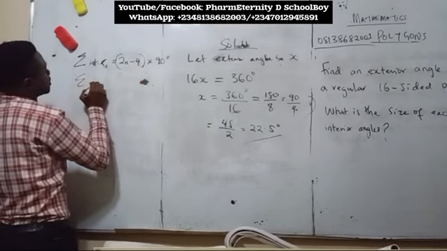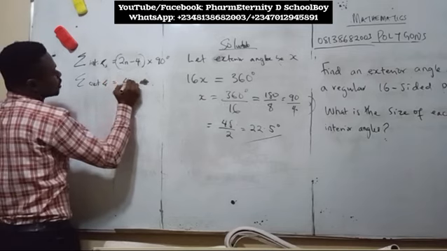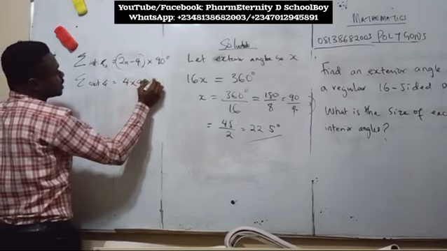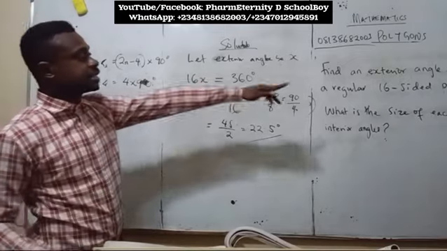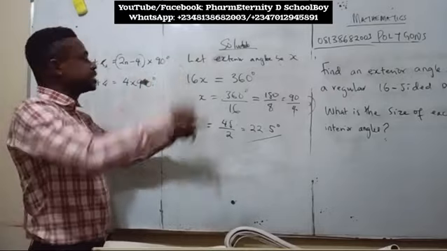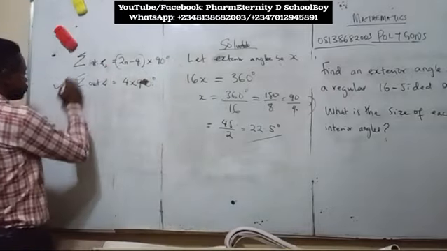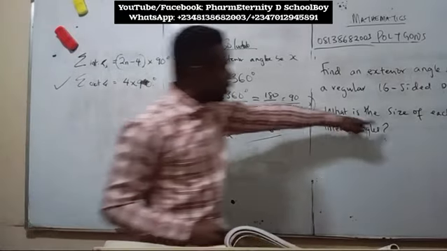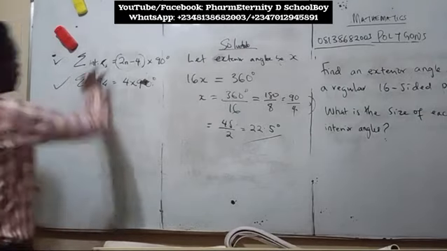The sum of exterior angles is 4 times 90 degrees. We used this one for the exterior because there are 16 sides, so you multiply each angle by 16 and equate it to 360. For the interior, we are going to use the other formula.